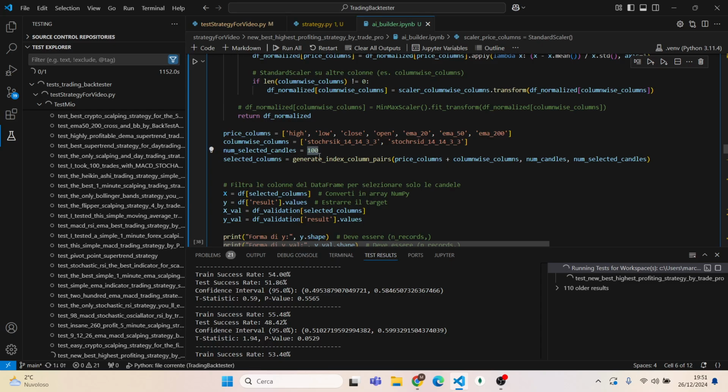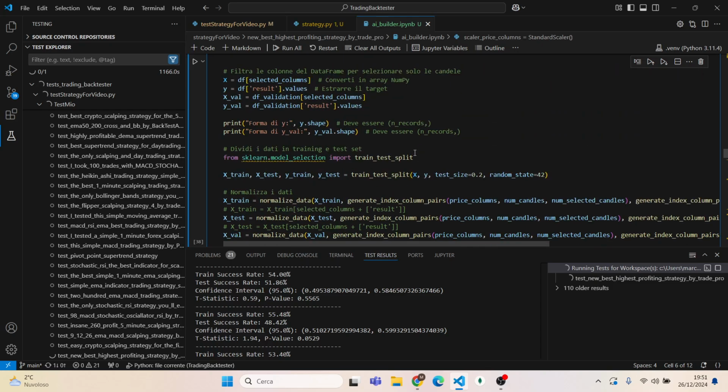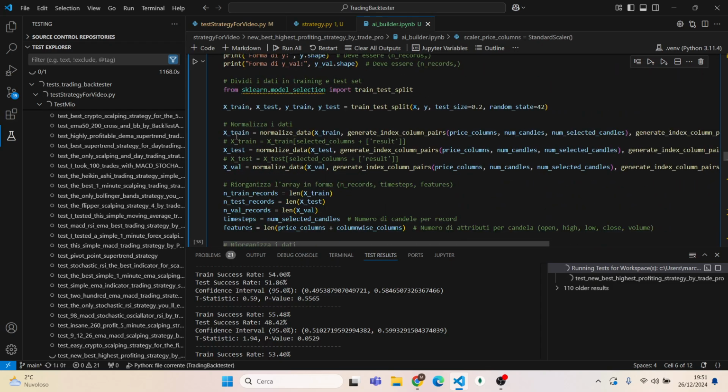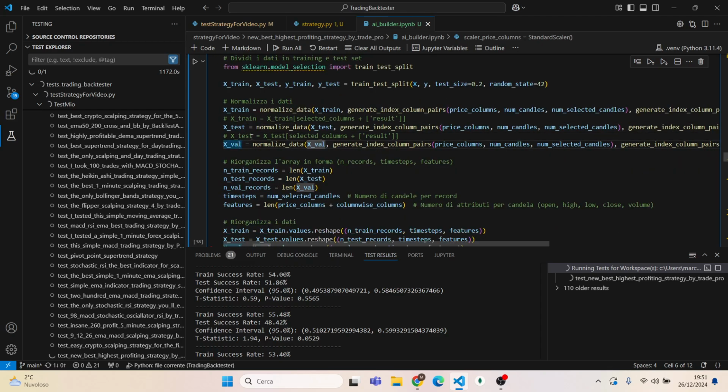And I decided to give my AI the last 100 candles with high, low, close, open, EMA 20, EMA 50, EMA 200, and stochastic RSI. Okay, I split the data. Now, as you can see, we have the train, the test, and the validation. The validation is this one.